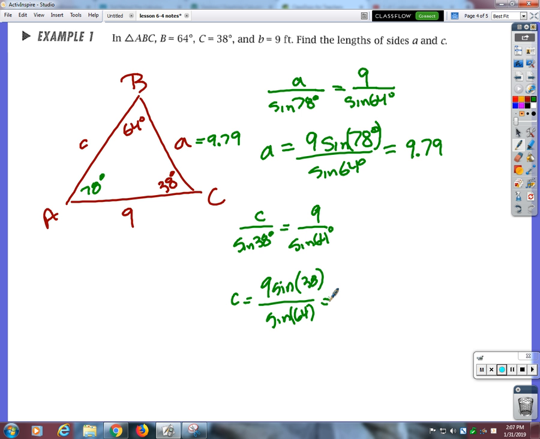And this time we would like that answer to be smaller than all of those. 6.16. And our units here are feet. Gotta close your paren.